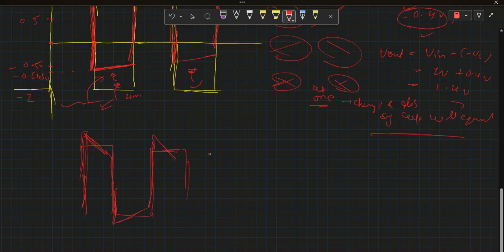Why this ripple? Because the charging and discharging cycle is the same, so we will see the ripples here at 1 volt. This is the steady state for this circuit. Like we see ripples here.